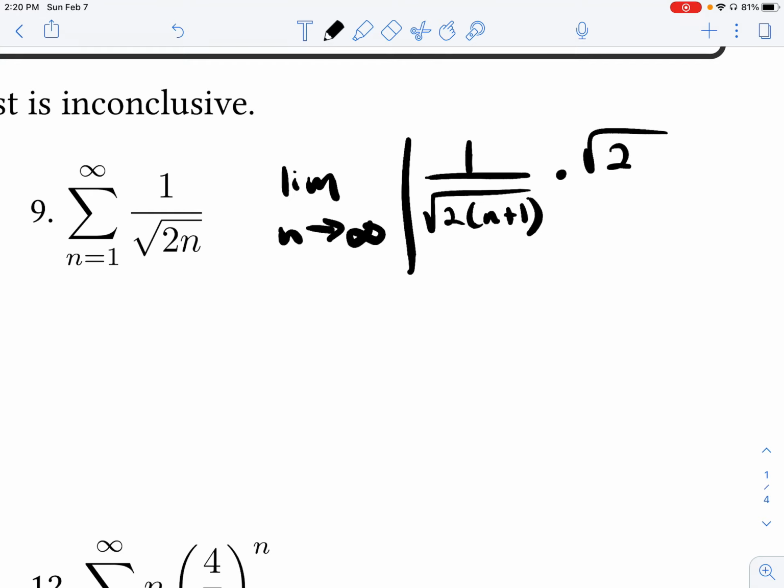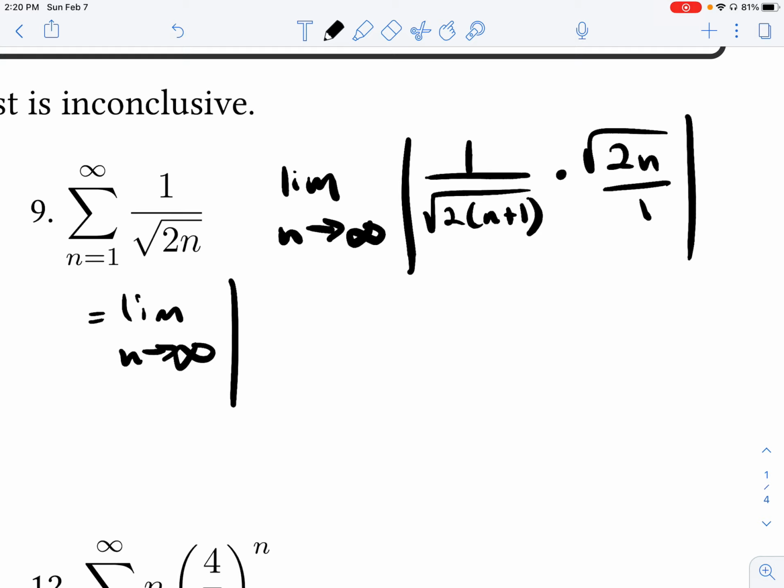That's root 2n over 1. So we can then rewrite this as the limit as n approaches infinity of the absolute value. Now, we're really just concerned with this term in the denominator, right? So we notice that there is a root 2 in both the numerator and denominator, so we can just divide those out. And what we're left with is root n over root n plus 1.